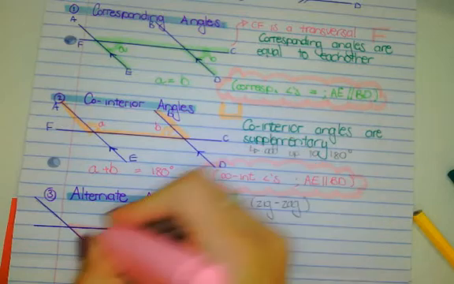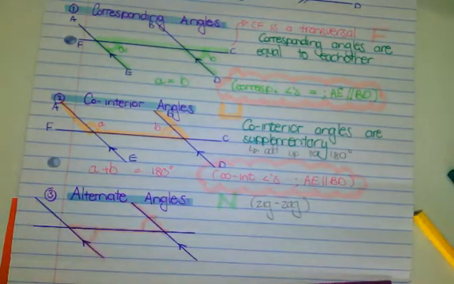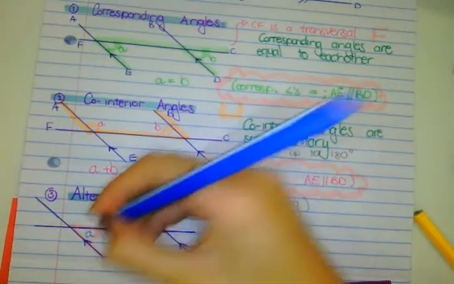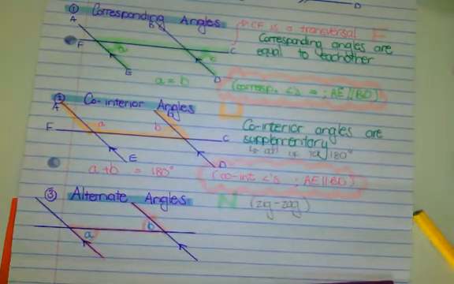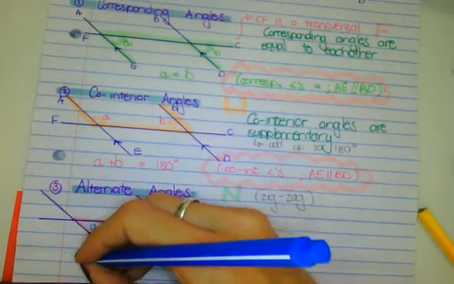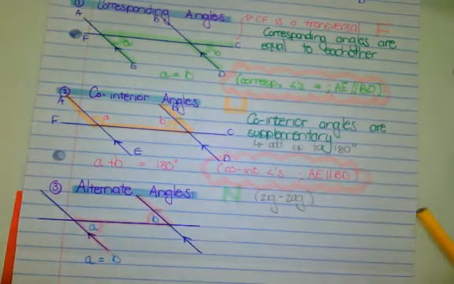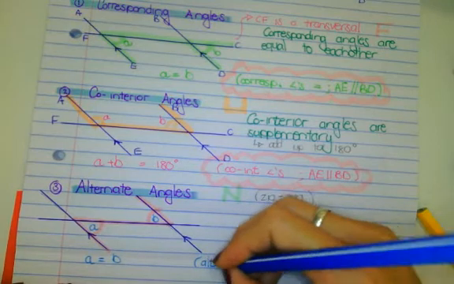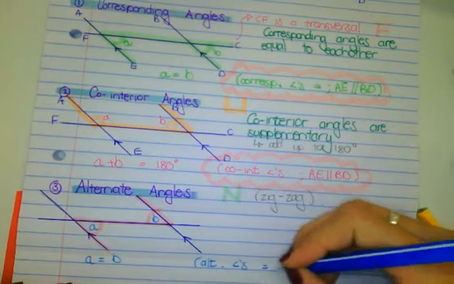So that's this angle and this angle. If we call those two angles A and B, let's say this is angle A and that is angle B, then in this scenario, alternate angles, angle A and angle B are equal to each other. And our reason: alternate angles equal.